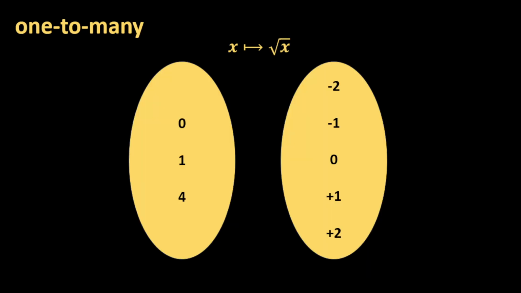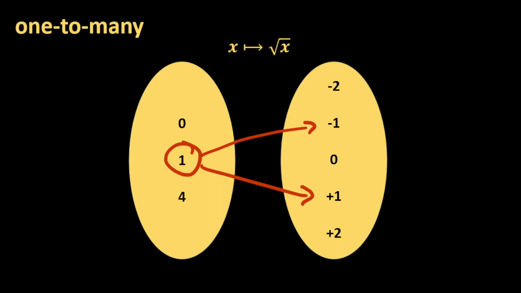All right, then what about one-to-many, the last one? Well, we could think about the mapping x goes to the square root of x. Now, in this case, let's take the input 1. The input 1 could get mapped onto -1 as well as +1. So what do we got here? We've got one input that gets mapped onto two outputs, right?